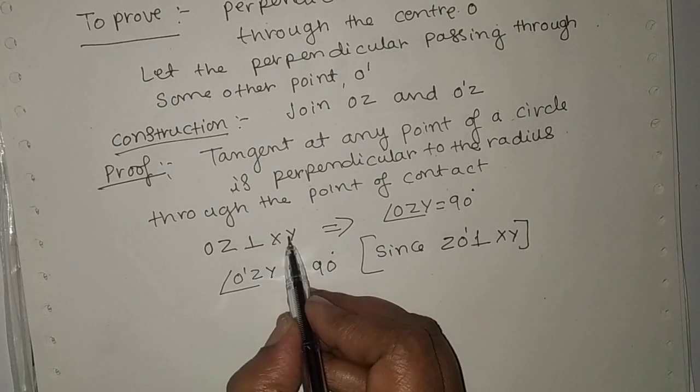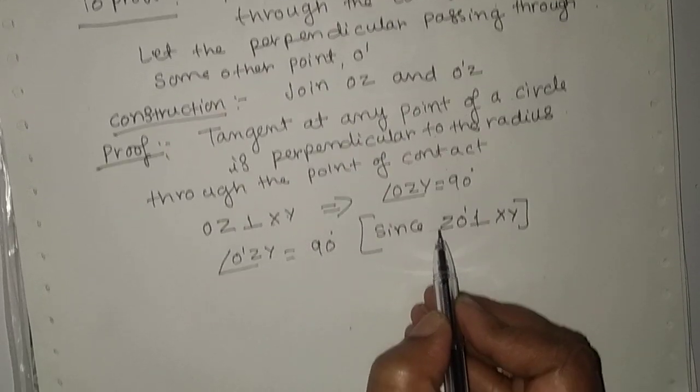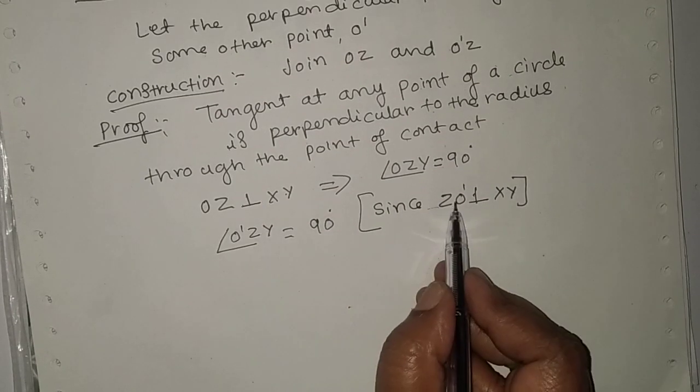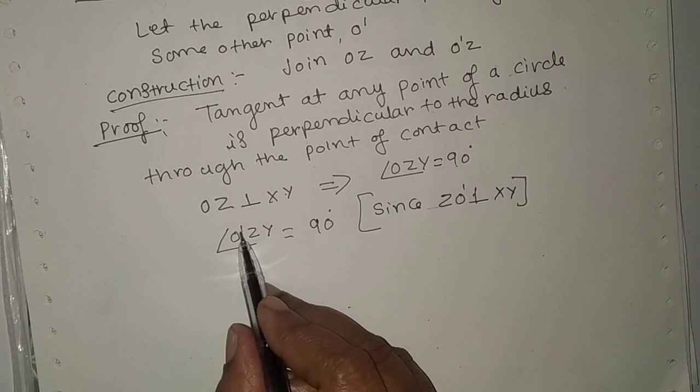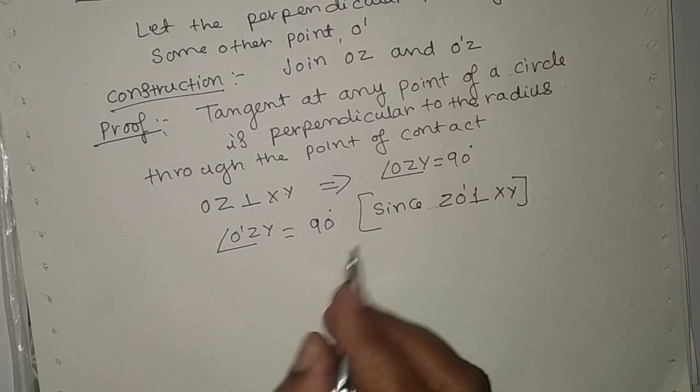When ZO dash is also perpendicular to XY, the angle O dash ZY is 90 degrees.